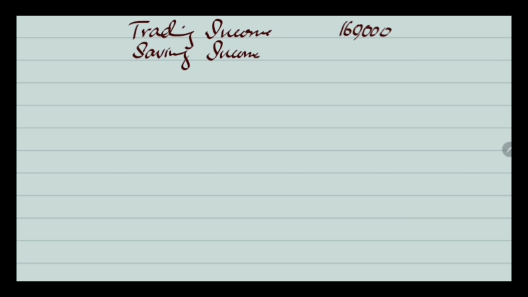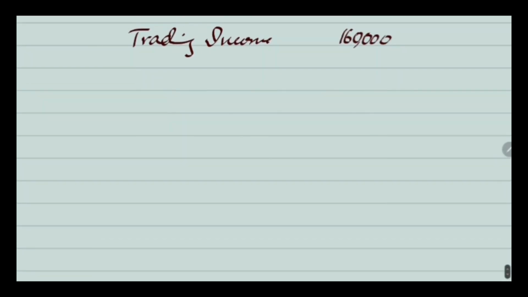Let's say that individual has a trading income of 1,60,000, and if we consider that there is no savings income, in that case 1,60,000.